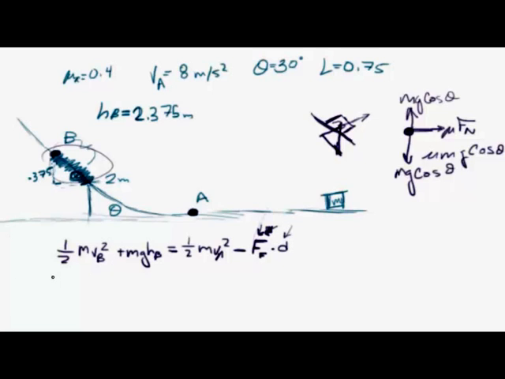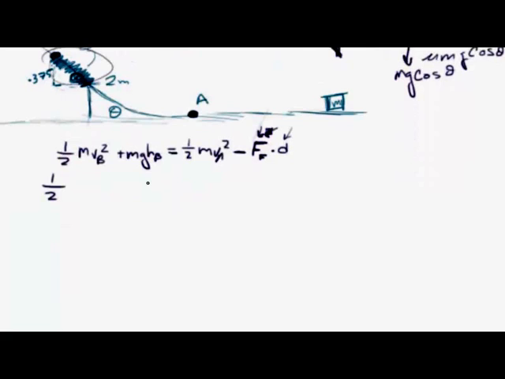So let's plug that in variable-wise and see if we can cancel out these m's, because we don't have m, and that's what makes this more complicated. So 1/2 m vb squared plus m g hb is equal to 1/2 m va squared minus the force of friction, which is mu m g cosine theta times the distance. From now on, I'm just going to put the distance out in front.